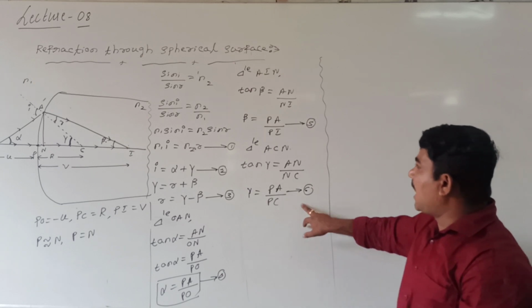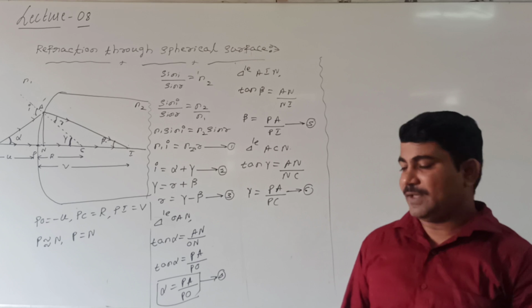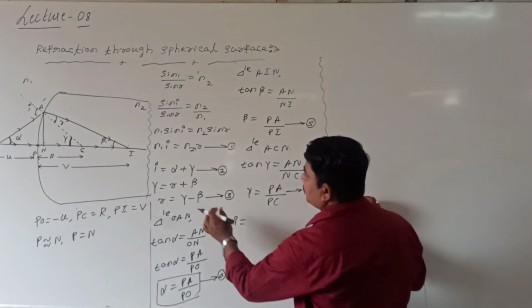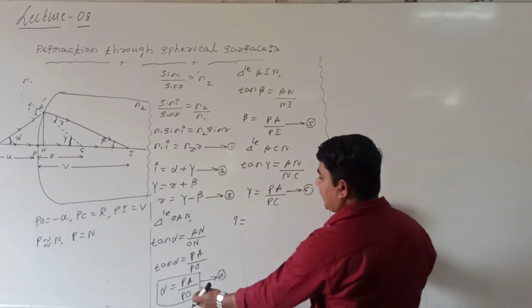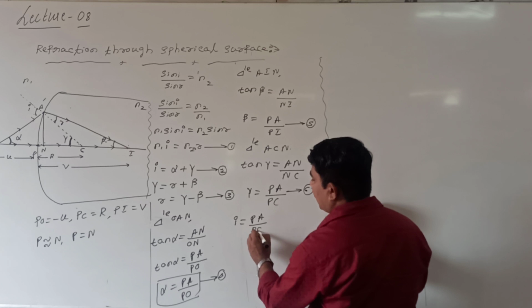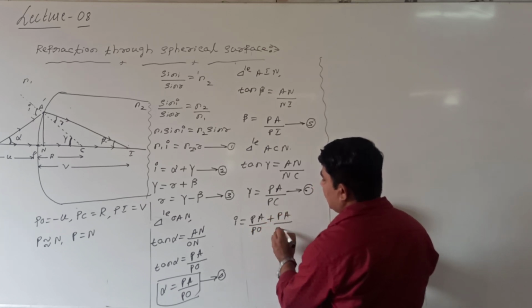Now put the values of alpha, beta and gamma in equation 2 and equation 3. See here, what do we get? I is equal to how much? Alpha plus gamma. Alpha is PA divided by PO, and gamma is PA divided by PC.